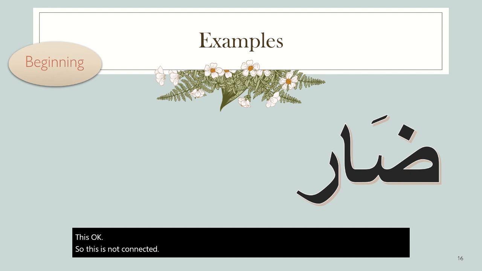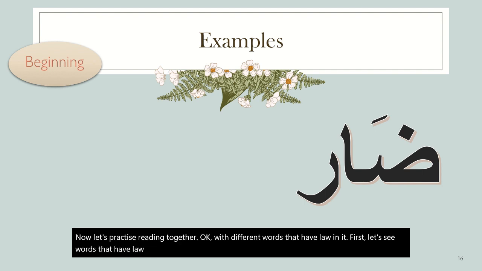Now let's practice reading together, okay, with different words that have Daad in it. First, let's see words that have Daad in the beginning. Let's see. There is our letter Daad in the front, and it has fatha above it, so it would be pronounced like Da.